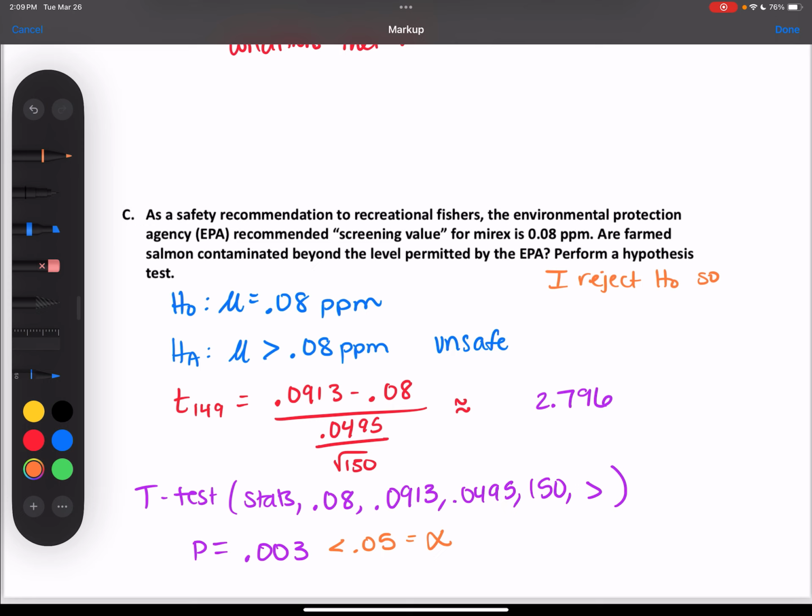So it's illegal. Do we have enough evidence? There is or is not? Yes, there is enough. So there is enough evidence to suggest the farmer's salmon is unsafe to eat.